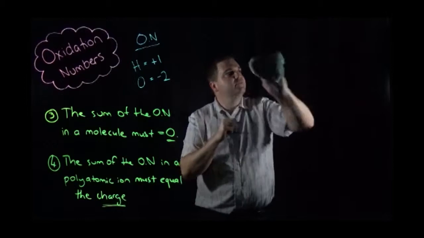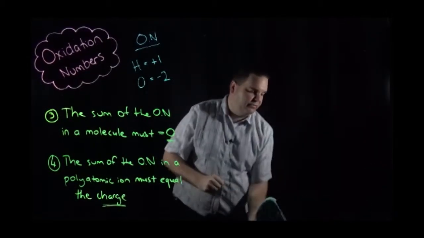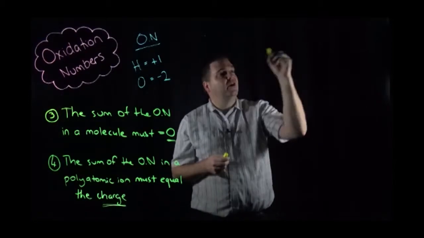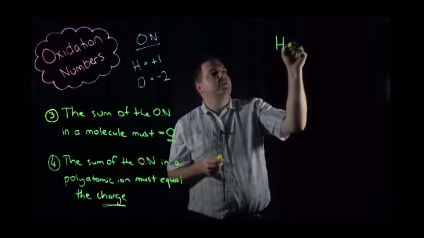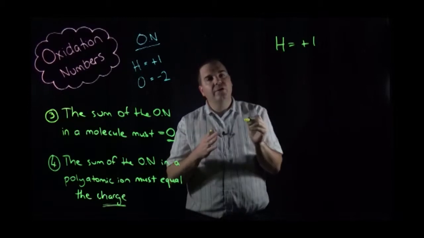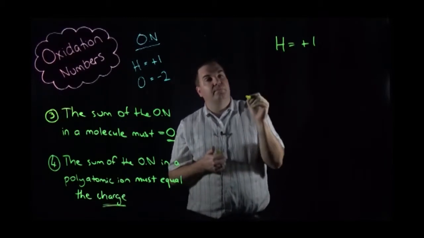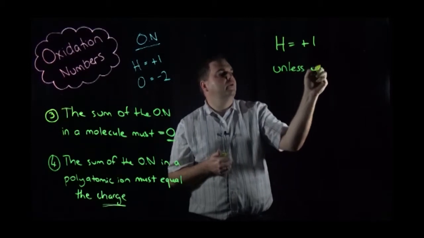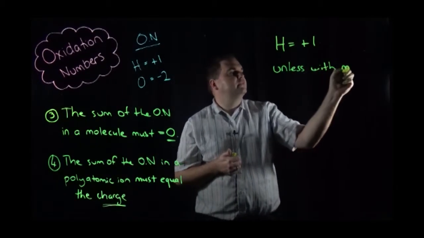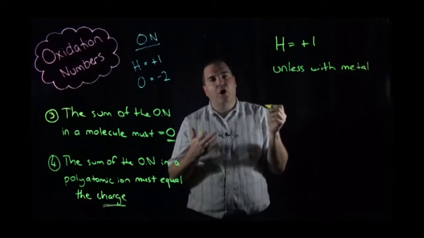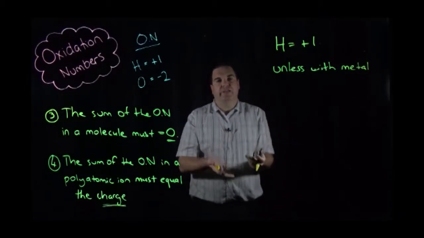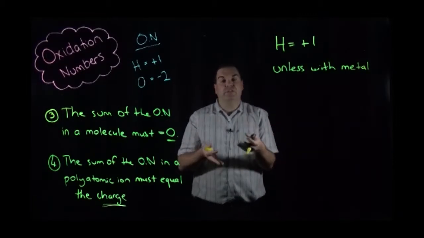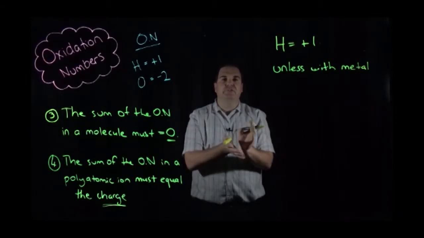-2, except in one instance each, which is the final thing I'll end with for this video. Your hydrogen is going to be +1. The only exception to this is when it's combined with a metal. Now, metals only want to lose electrons. A +1 for a hydrogen implies that it's lost an electron as well, so you can't have two things that lose an electron.